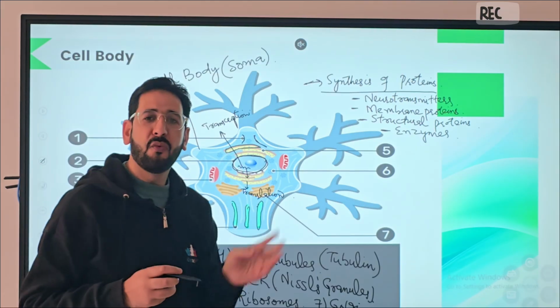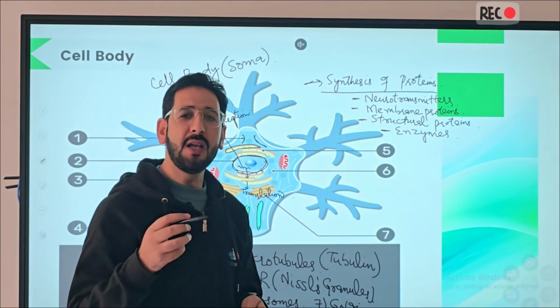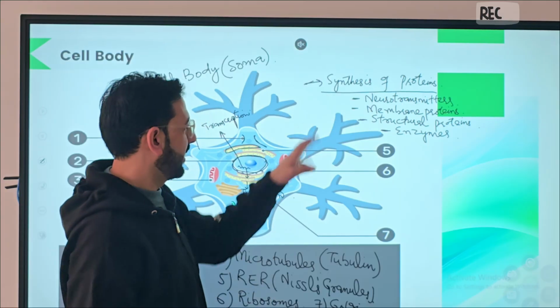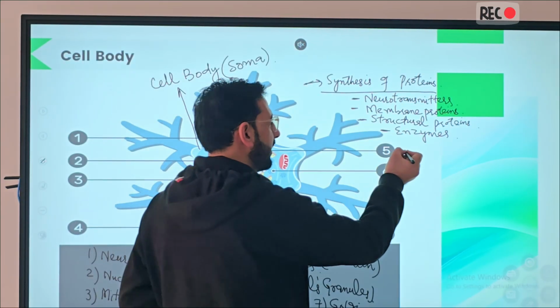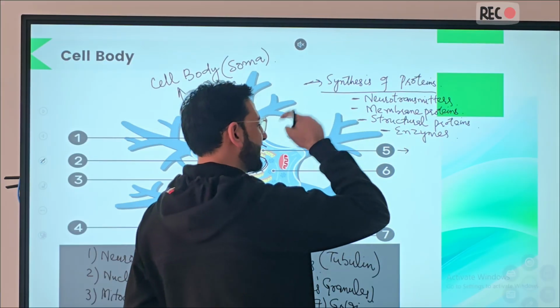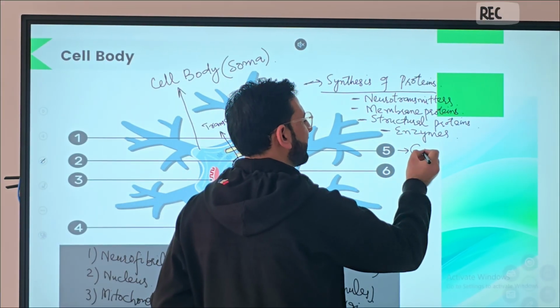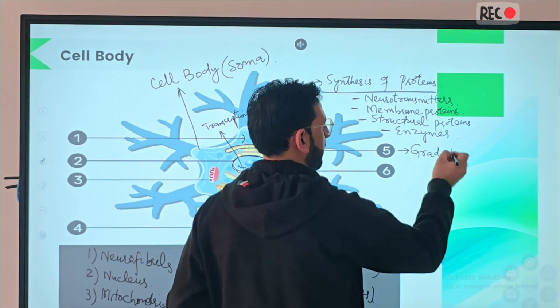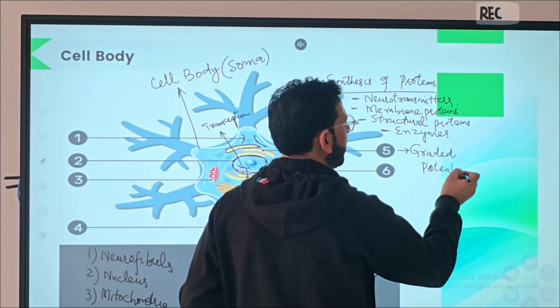Coming back here, the first important function of this neuron cell body is the synthesis of proteins. Now, the second very important function is that this neuron cell body is responsible for generating graded potentials.